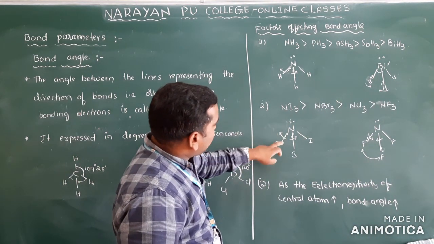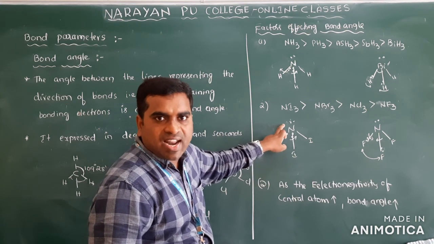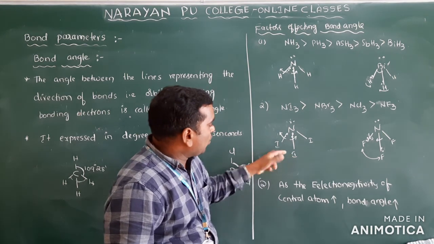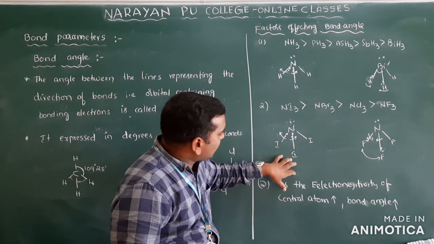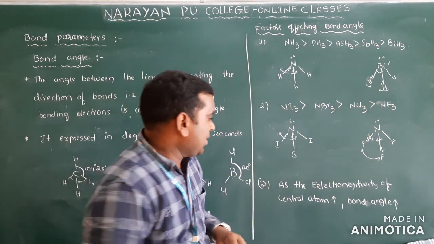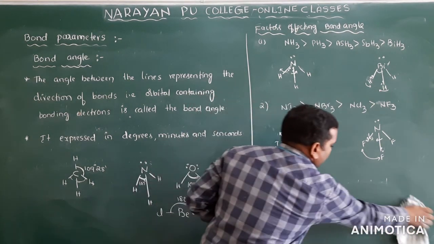For the same central atom molecules, if the terminal atoms' electronegativity decreases, bond angle increases. Clear? So write that point here. The third point we have to write. What is the third point?